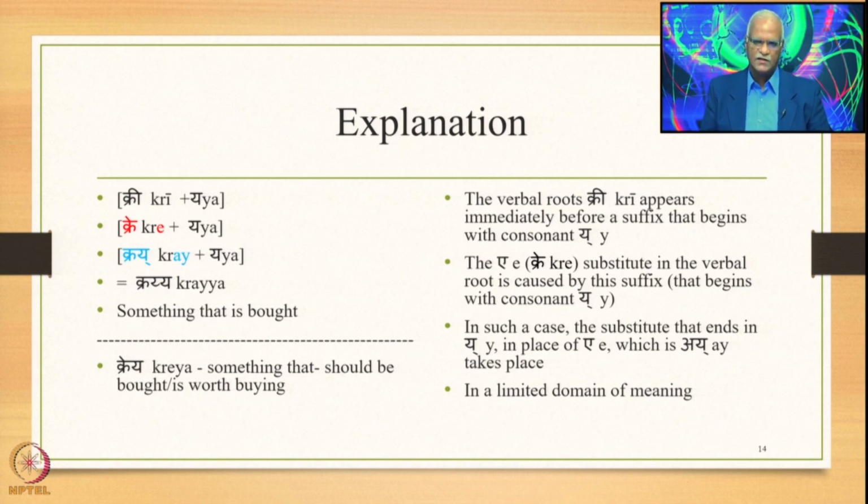In such a case, the substitute that ends in ya in place of e, which is aya, takes place. So this happens in a limited domain of meaning as well as a very narrow, very limited domain of the word. The meaning is tadartha and the domain of the word is just the verbal root kri and nothing else.